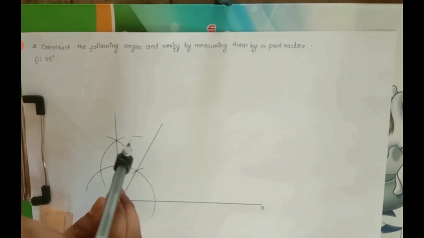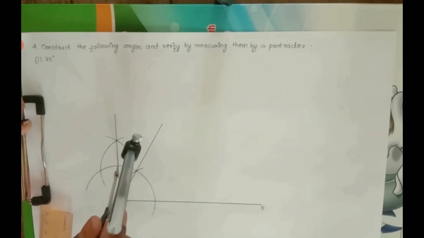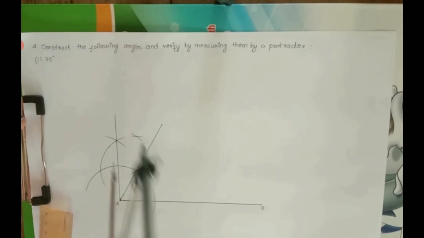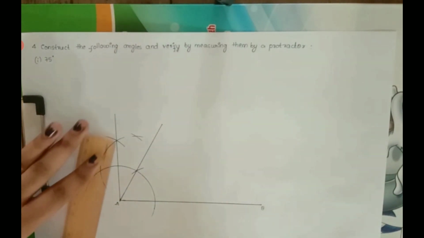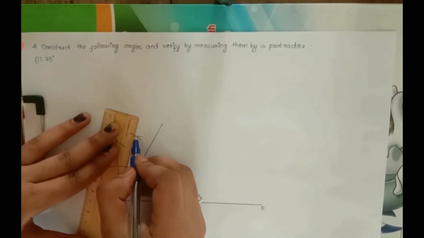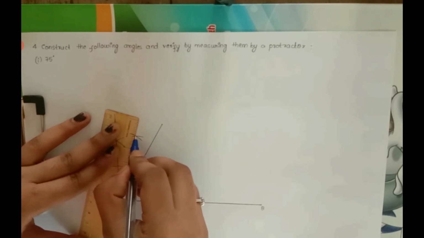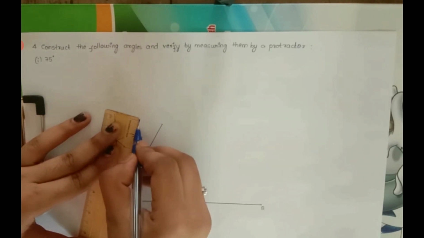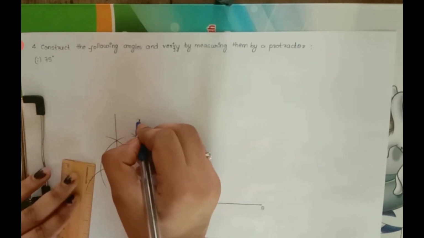Now you will get a point. That point is to be joined to A to get the angular bisector for the 30-degree angle. Join that point to A. It is an angular bisector of the 30-degree angle. The 30-degree angle is bisected into two equal angles which are of measurement 15-degree.